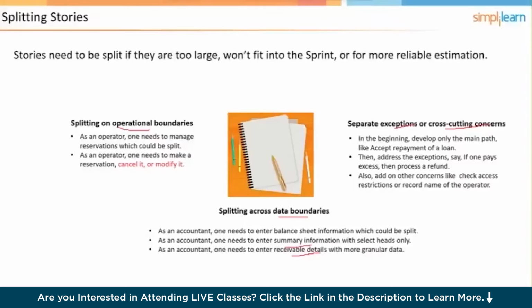So you could have different portions of the overall balance sheet activities that need to be done. So enter AR, enter AP, etc. Make sense?